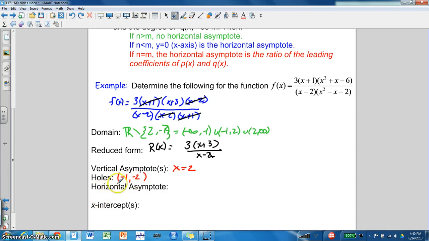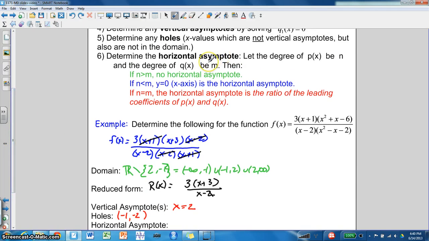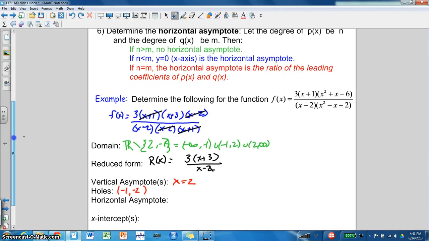Okay, and the horizontal asymptote. Here, I have to look at the degree of the numerator and the degree of the denominator. I can either look at the reduced form or the original function, it doesn't much matter. I'm going to look at the reduced form because it's easier. The degree of the numerator is 1, and the degree of the denominator is also 1.